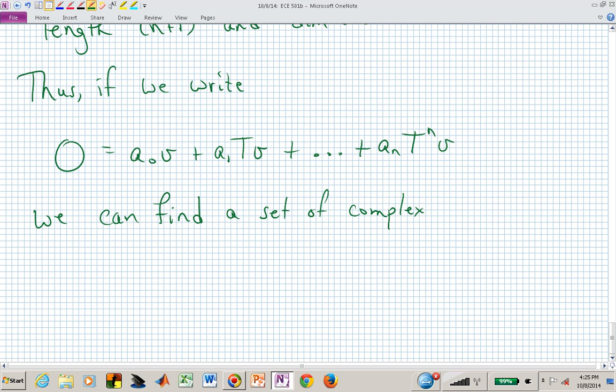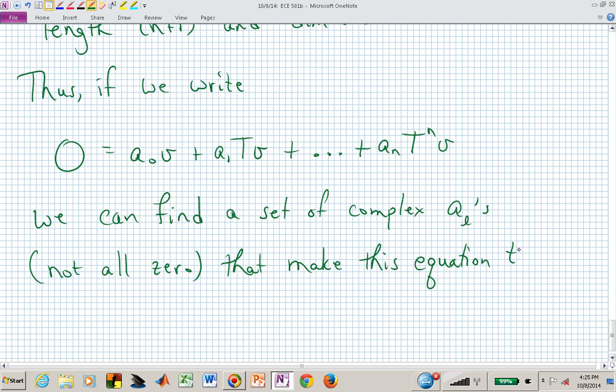We can find a set of complex a sub l's that are not all 0 and that make this equation true.